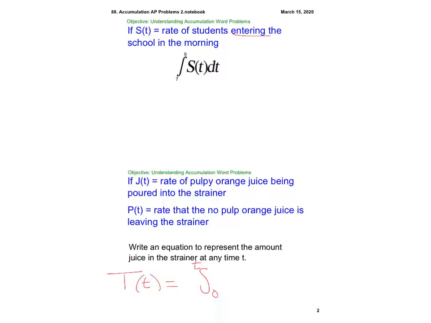So this is in and then out, so J of x minus P of x. It's kind of an awkward problem. It would have made more sense if I did rate of students entering the school and rate of students leaving the school, but you know.